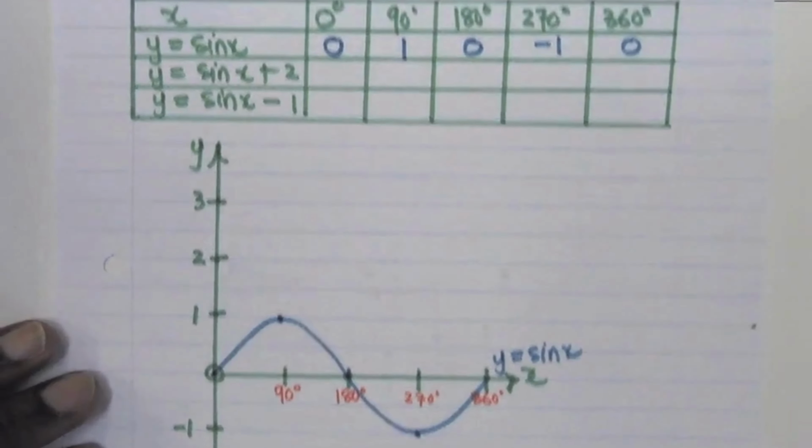After completing my table of values, I need to go and plot these points so that I can draw my graph. So we've got the Cartesian plane.